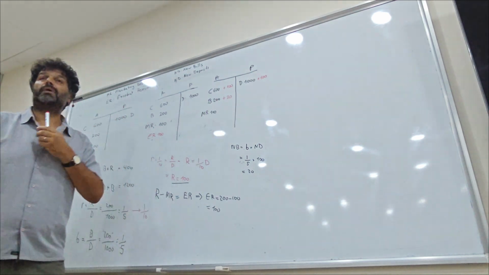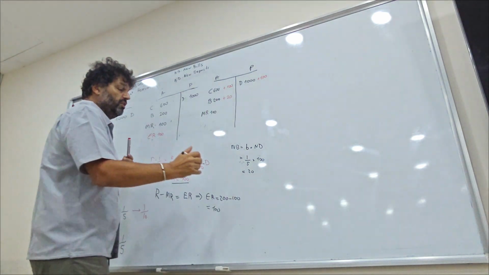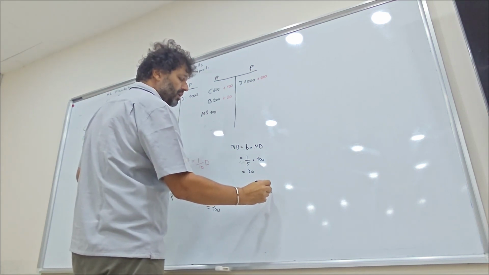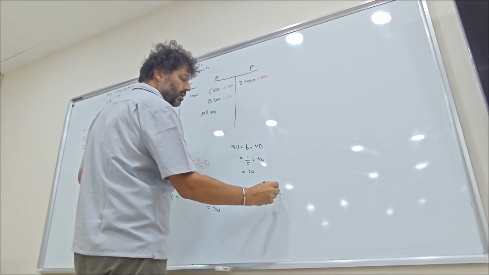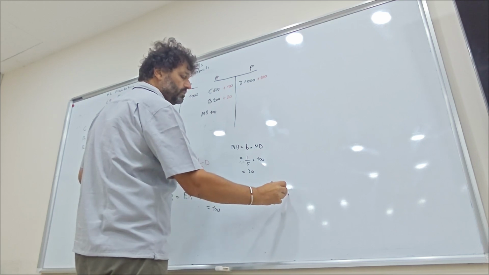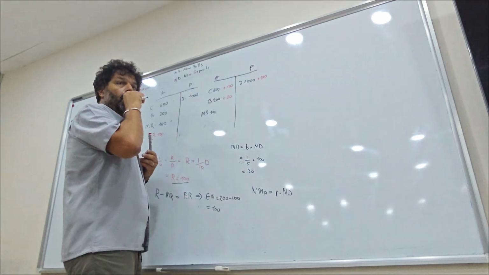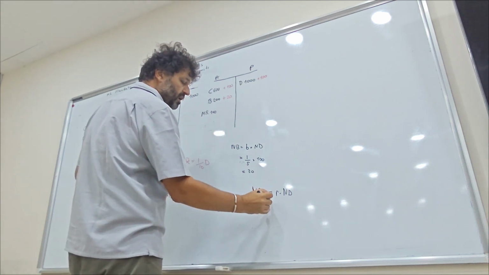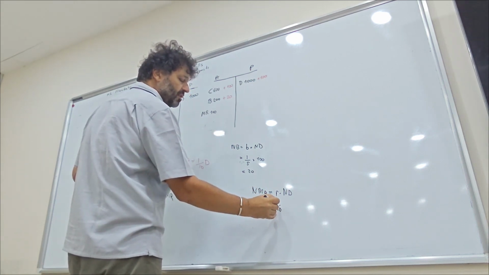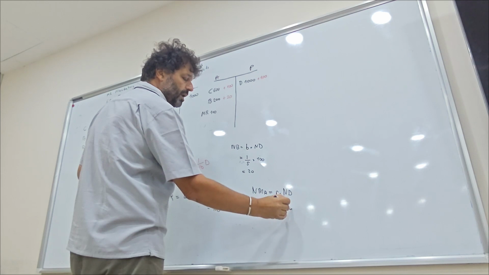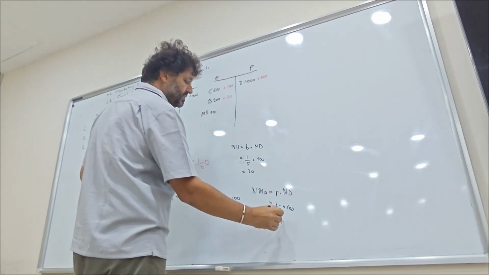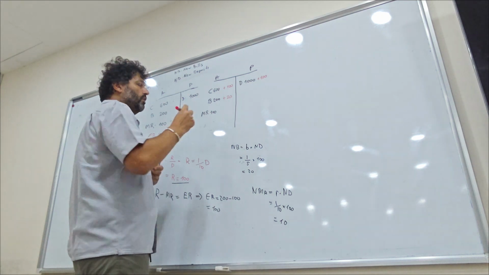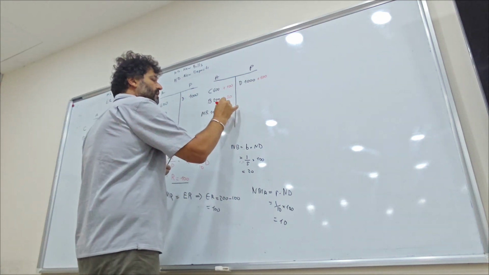How much must the mandatory reserves be? The new mandatory reserves are equal to R multiplying new deposits. So the new mandatory reserves are equal to 1/10 multiplying 100, so it's equal to 10. So the new mandatory reserves are 10.